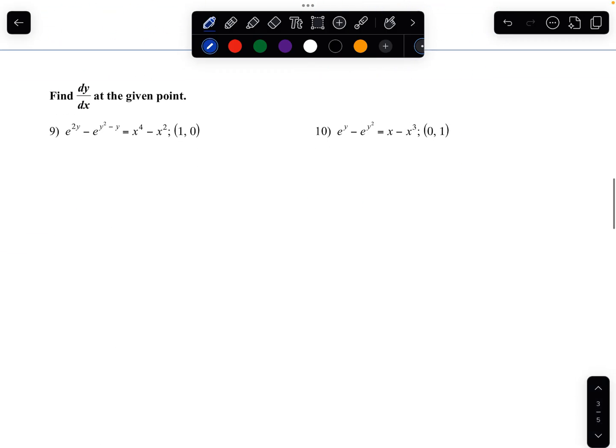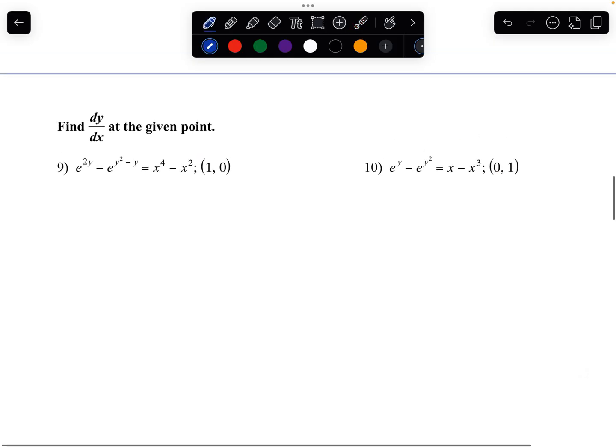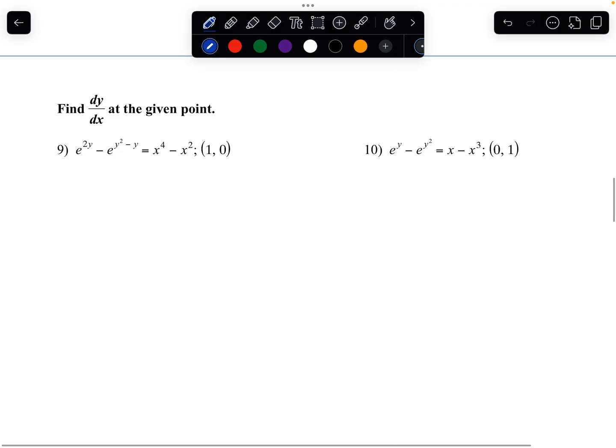All right, now in these ones, we'll just be given a point to evaluate dy/dx. So taking the derivative of e to the 2y, well, the derivative of an exponential is always itself, but we'll have to multiply by the chain rule. So we'll multiply by the derivative of 2y, which would be 2y prime.